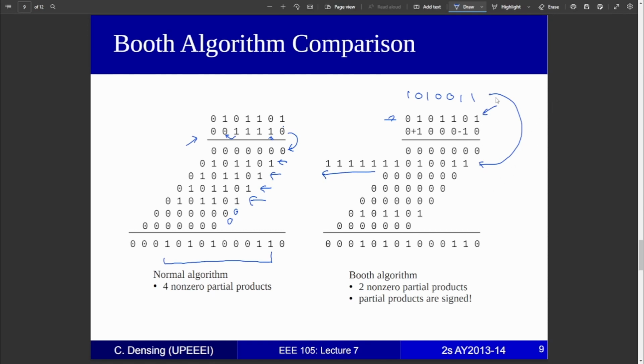The only other non-zero partial product that we need is a plus 1. You can extend this with zeros if you want. But basically, what the Booth algorithm improved is you only have two things to add now instead of four.